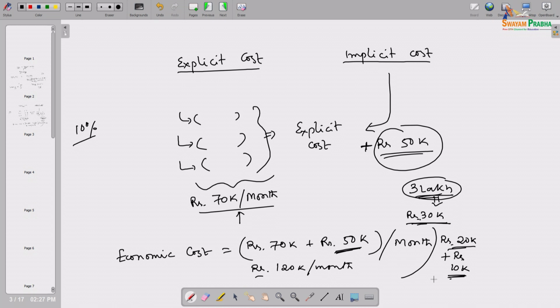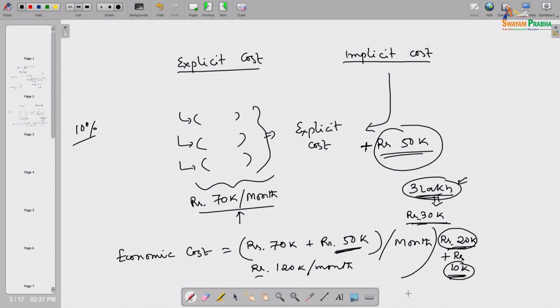So, your interest cost on that 3 lakh rupees is basically 30,000 rupees per year. Out of that, 20,000 rupees is explicit, and 10,000 rupees is implicit cost.